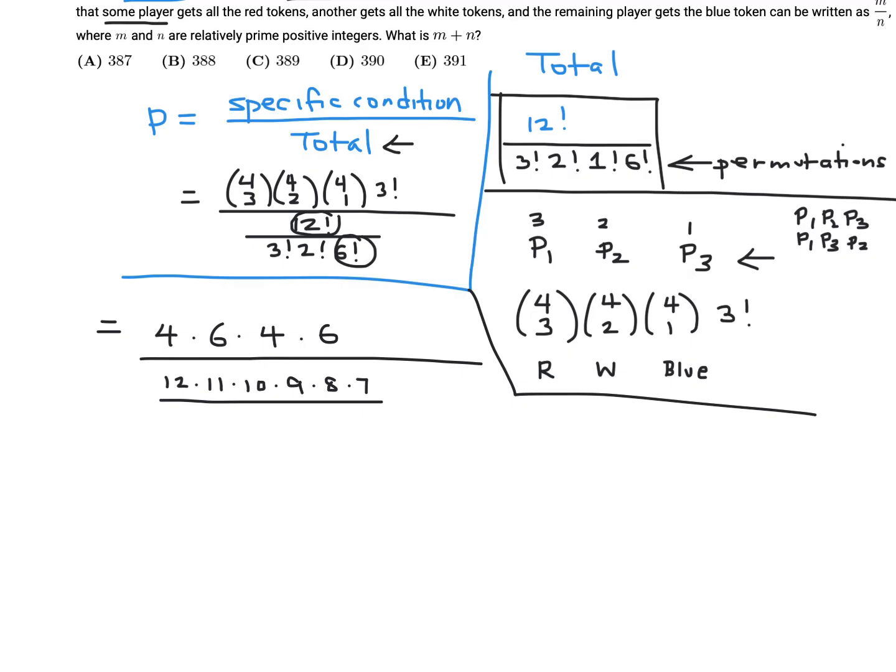And then the 6 factorial cancels with the remaining numbers. Then we have 3 factorial, which is 6, correct? And the 2 factorial, which is just 2, right? Okay, and then we invert and multiply, because remember, this was a fraction. So it was 4 times 6 times 4 times 6 times 2, and then all over this 12 times 11 times 10 times 9 times 8 times 7.